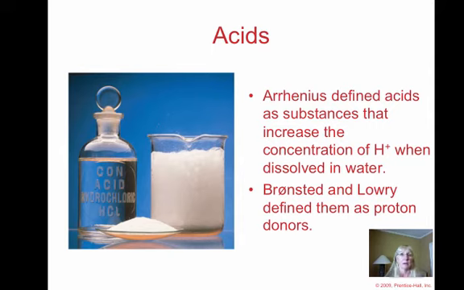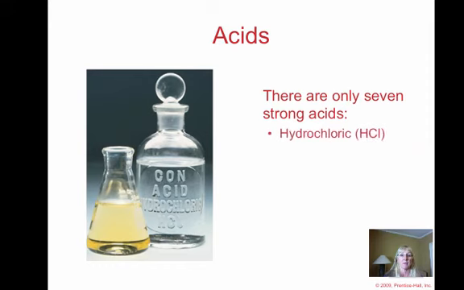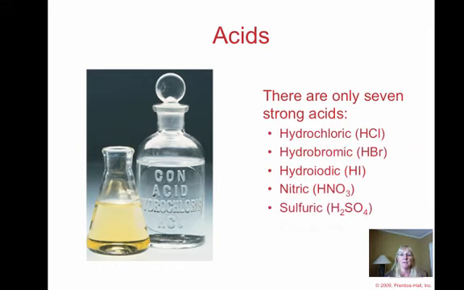Remember, a proton is essentially the same as a hydrogen ion. Hydrogen atoms have one proton, one electron. You lose the electron, all that's left is a proton. So you will hear the word proton and hydrogen ion used interchangeably because they are the same thing. Again, sad news is you will have to memorize the formulas of the 7 strong acids and their names.